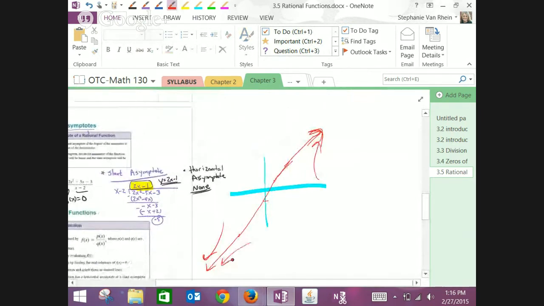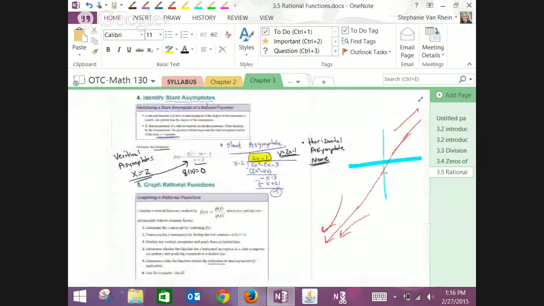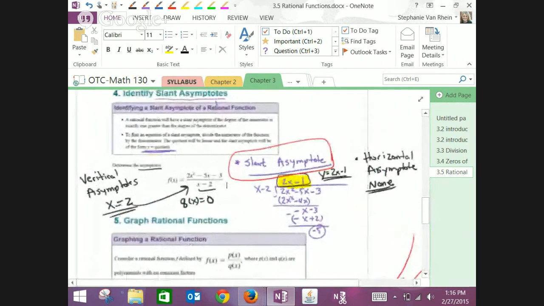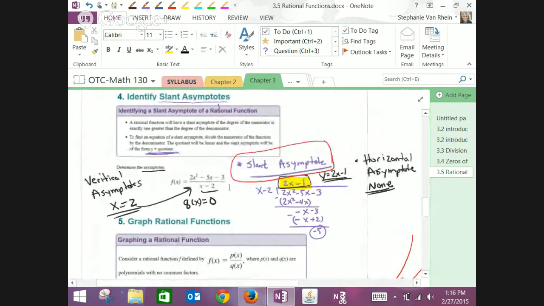It's either going to be on this side of the line or this side of the line. But this is what's known as a slant asymptote. Slant asymptotes are from section 3.3 or 3.4, when we learn long division. If I rewrite this expression, the quotient is the slant asymptote. So it's the same approach as finding the quotient.